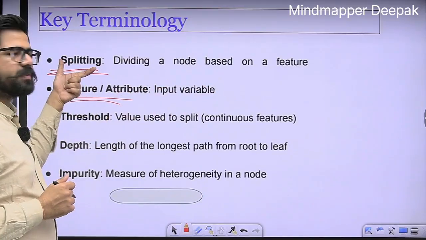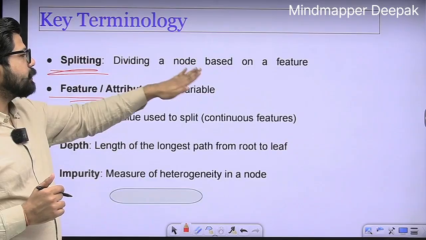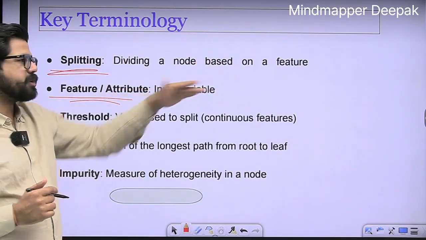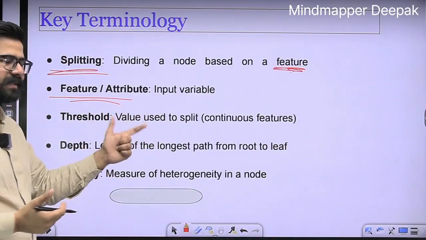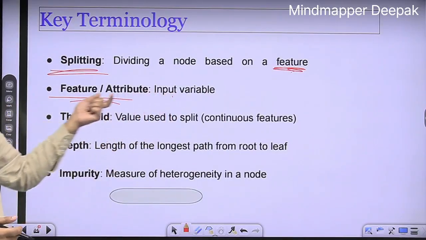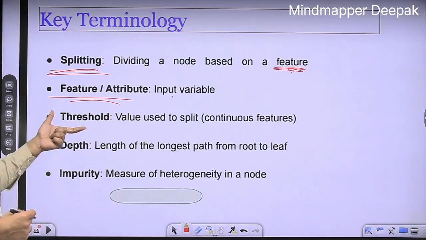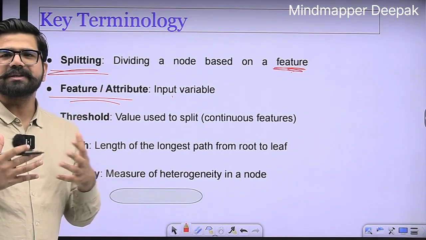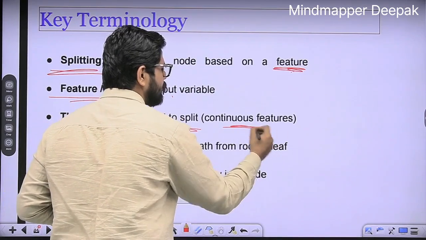For example, if the term splitting comes, that means you divide the node based on the feature. So what is a feature? It is nothing but the input variable. Whenever I say feature or attribute, that means an input variable. Then a term most prominently used is the threshold, a value used to split continuous features.